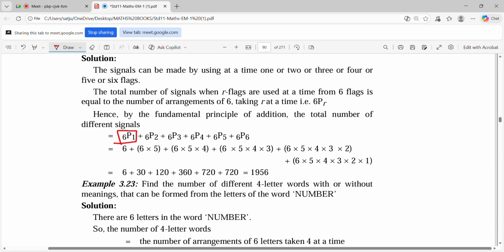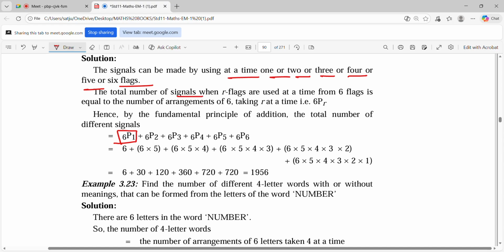Here 6P1, because the question clearly says the signal can be made using at a time 1 or 2, 3, 4, 5 or 6 flags, right?